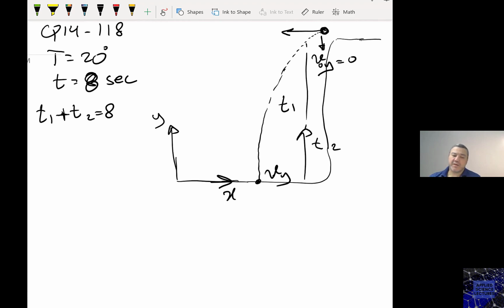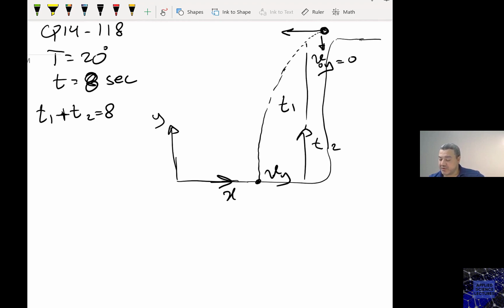There is a hint that says consider both kinematics and sound. So the first time, T1, is due to the kinematics, and the second time is using the sound. Let's start first with the kinematics.